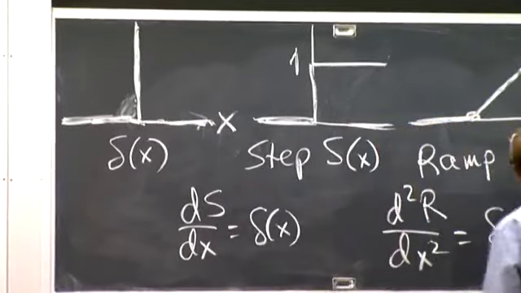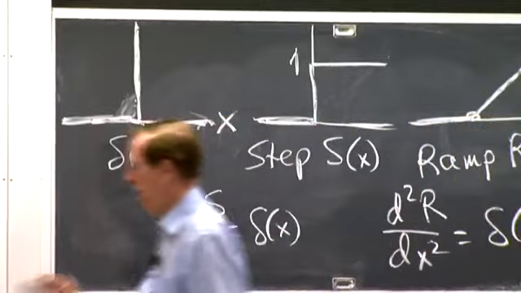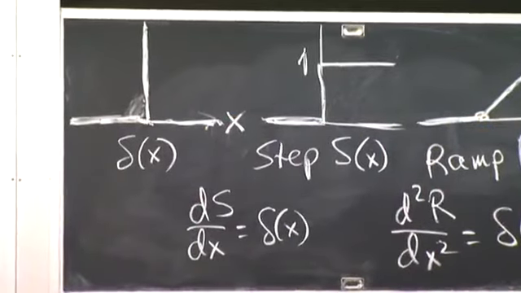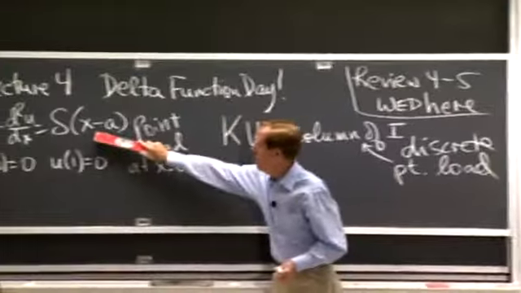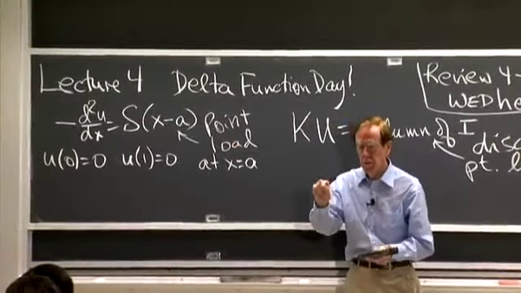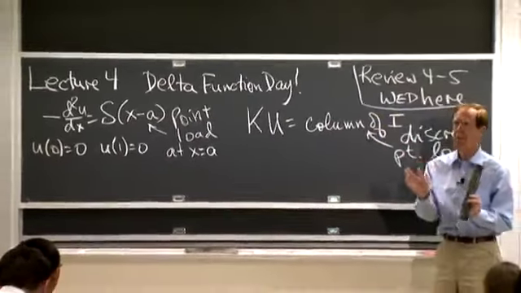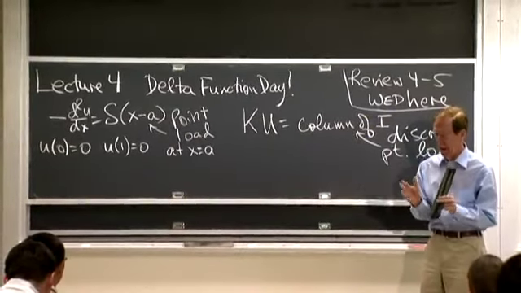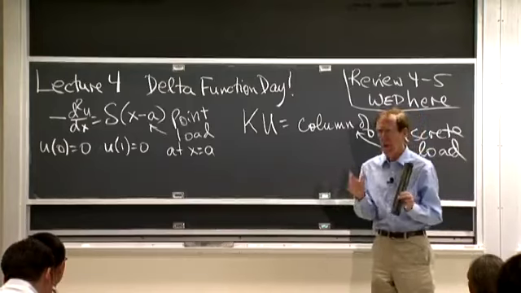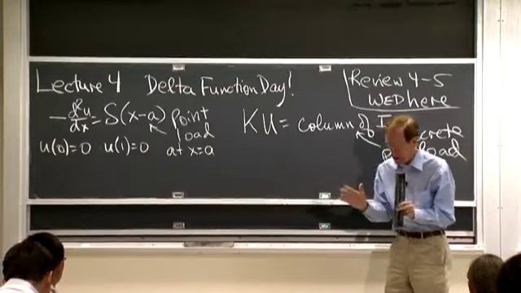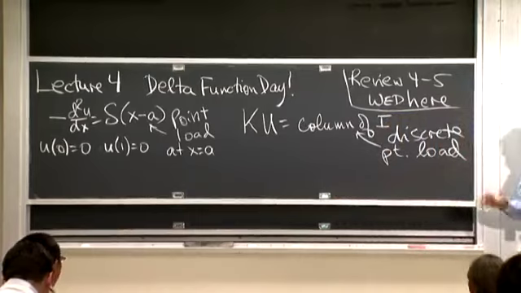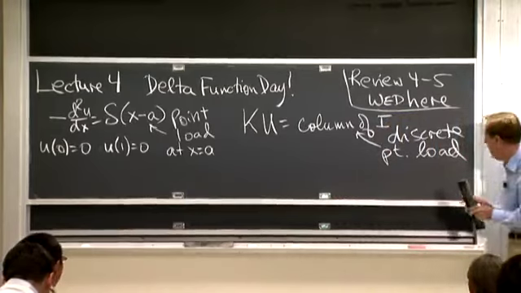And let me just make sure there's no hesitation: when I change from x to x minus a, what does that do to a graph? If I have a function of x, and I instead look at f of x minus a, I shift x to x minus a.